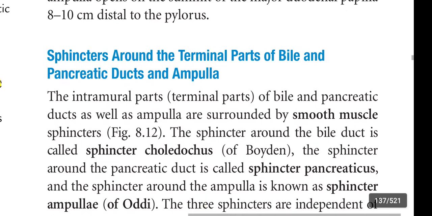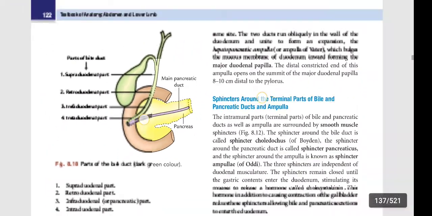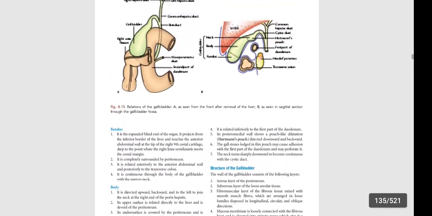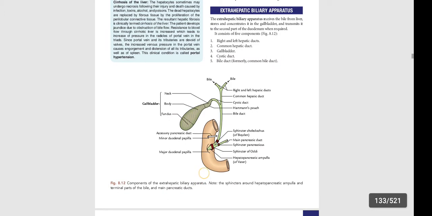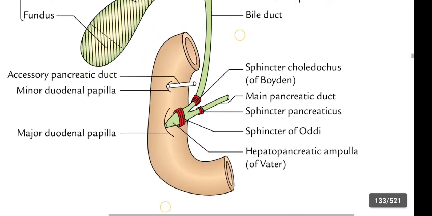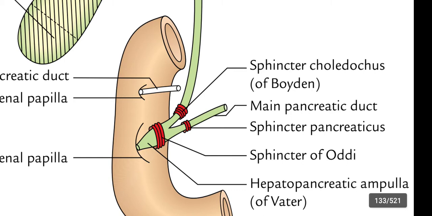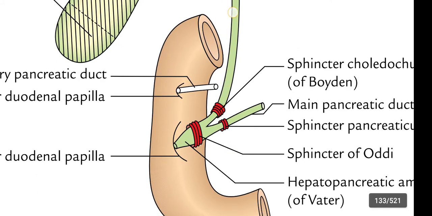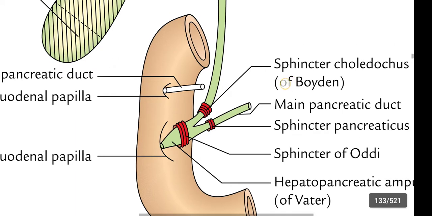I will show you the diagram. This is the sphincter of the common bile duct, or bile duct. If you remember it as common bile duct, it is choledochus.